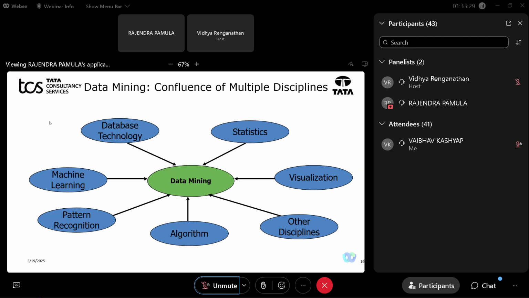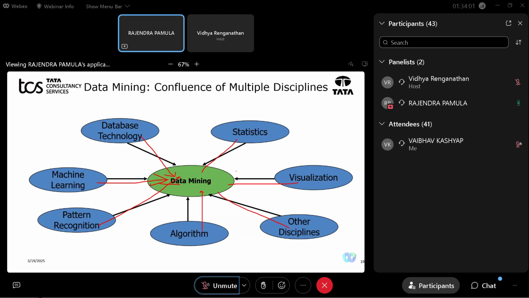So data mining is not a single entity, it is a combination of multiple disciplines, wherein we use the technology behind each discipline: statistics, we take it, visualization, we take it, algorithmics, pattern recognition, machine learning, and database.